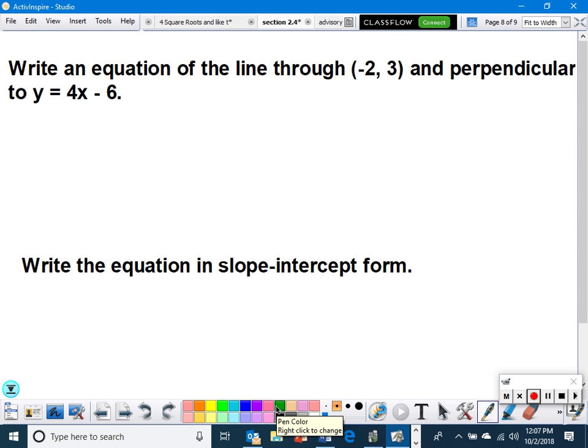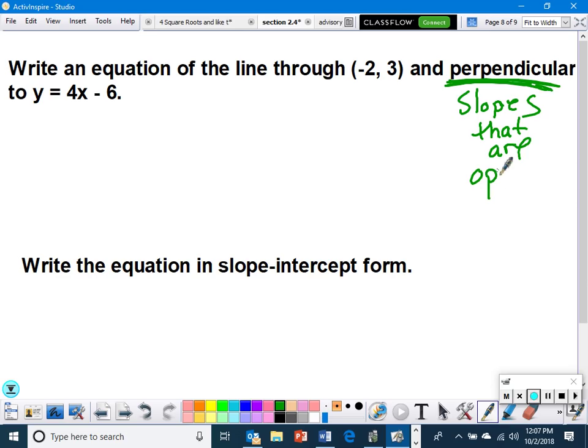All right, perpendicular lines. Remember, perpendicular lines are going to have slopes that are opposite reciprocals. All right, so here's the slope of this line.